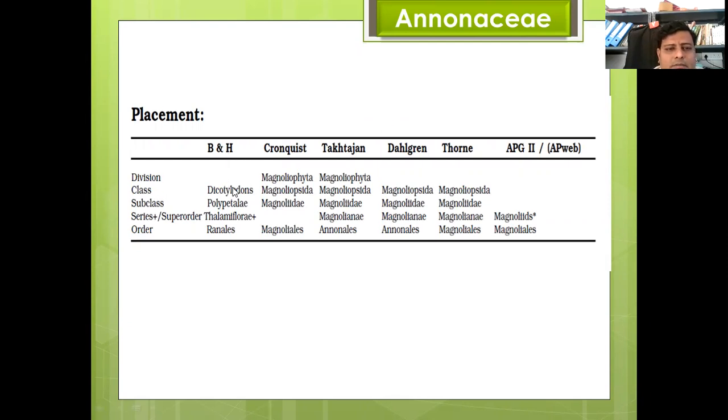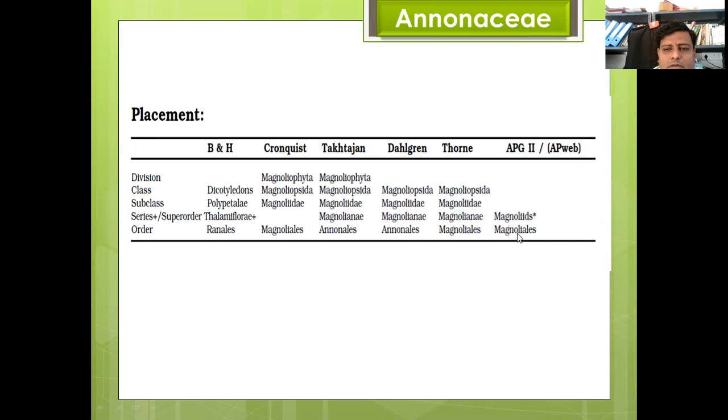Bentham and Hooker: class division is Spermatophyta, class Dicotyledonae, subclass Polypetalae, series Thalamiflorae, order Ranales. Takhtajan: division Magnoliophyta, class Magnoliopsida, subclass Magnoliidae, superorder Magnolianae, order Annonales. Cronquist: Magnoliopsida, Magnoliidae, Magnoliales. Thorne's classification is similar to the latest APG II system of classification.